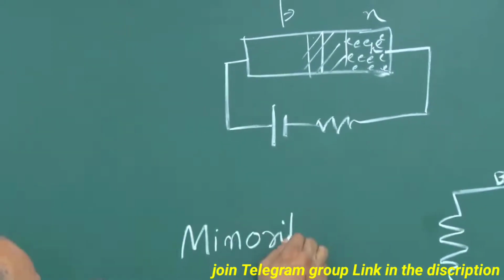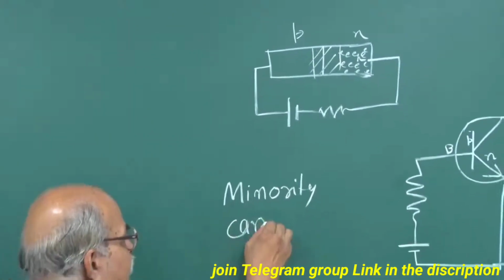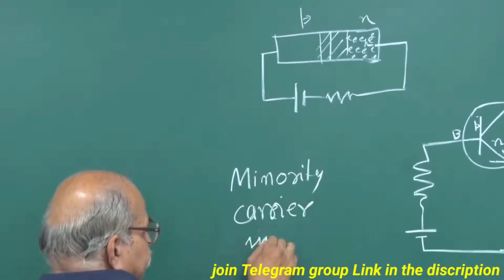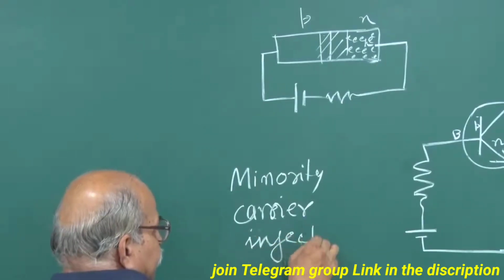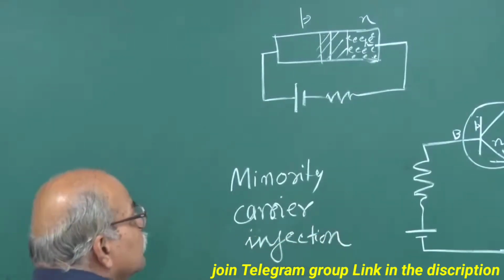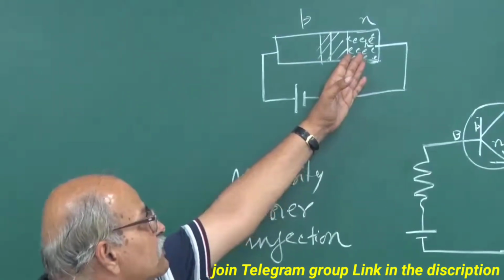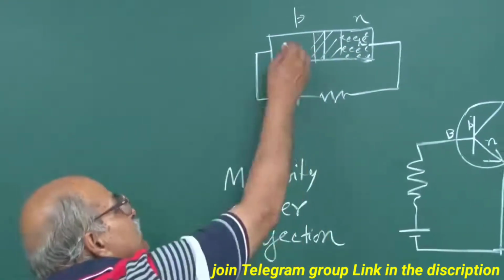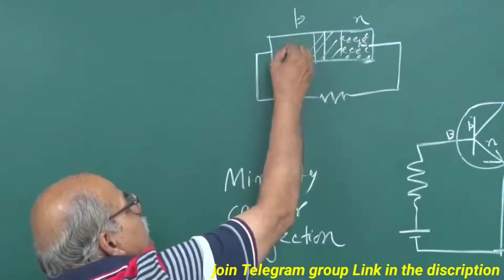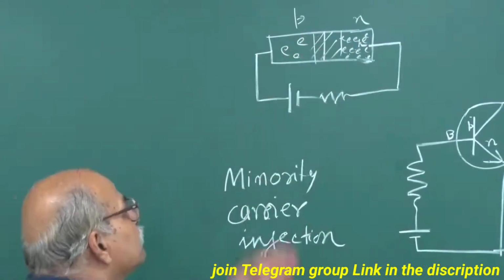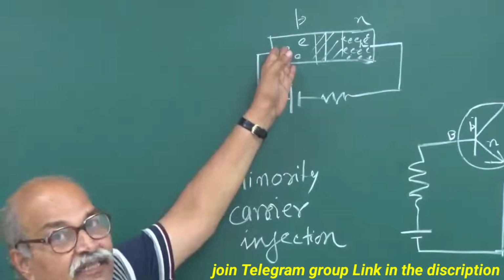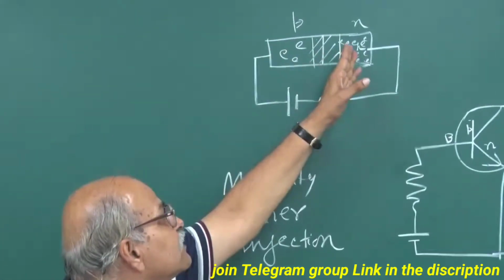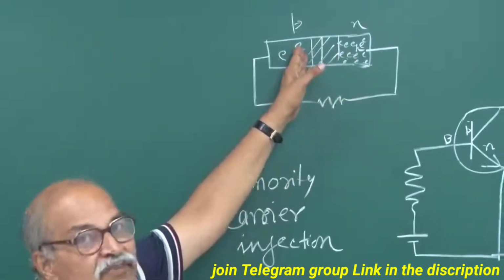Remember, minority carrier injection. Because here they are majority, but when they diffuse through this depletion region and come to this side, they are minorities. This is P side. Electrons are minority carriers. So, a lot of minority carriers are injected from this N side into this P side.